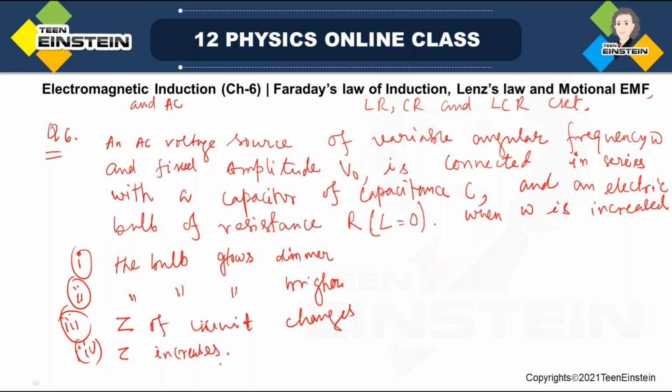So I'll just draw it: an AC source, which is connected to a capacitor through a resistor in series. So this is C. Along with this resistor, there was a bulb also. Let me draw the bulb here.